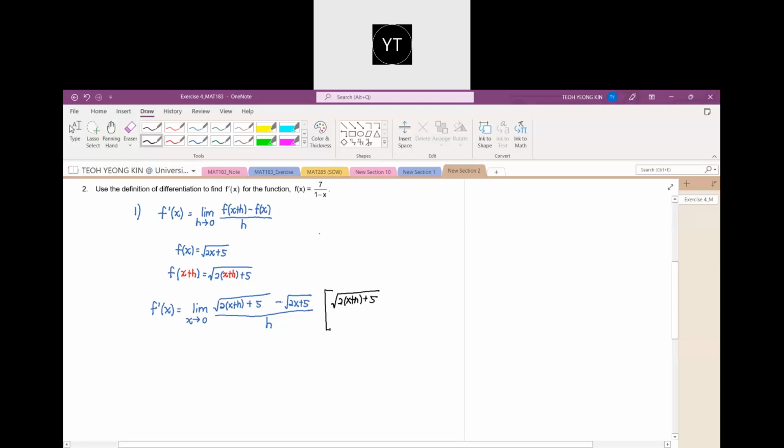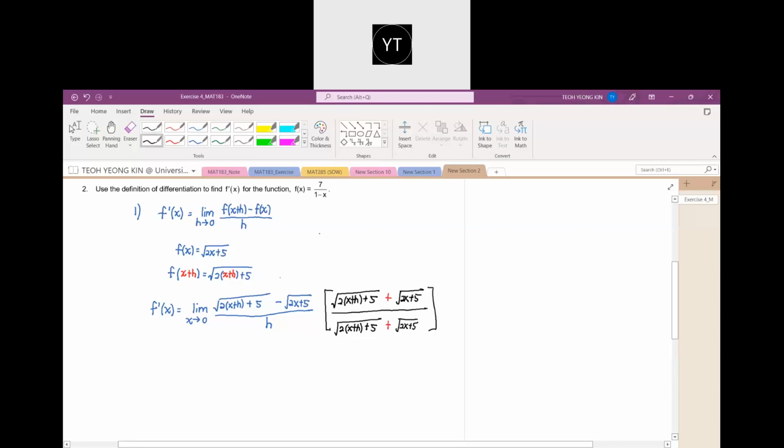Before this is negative, now it will become positive, square root of 2x plus 5. Same as the denominator. So square root of 2(x plus h) plus 5, and here in between is plus, and then square root of 2x plus 5.